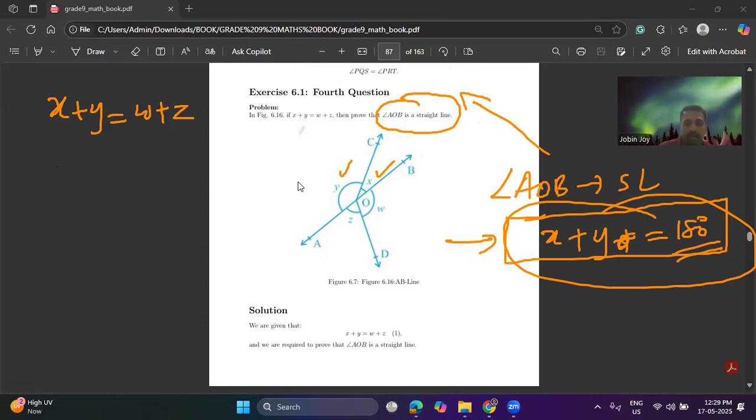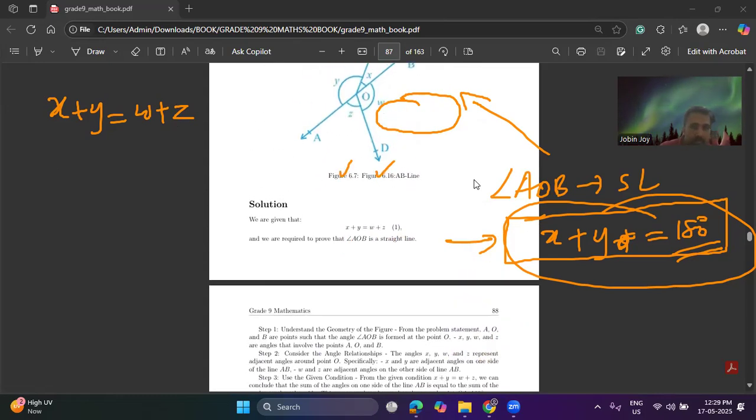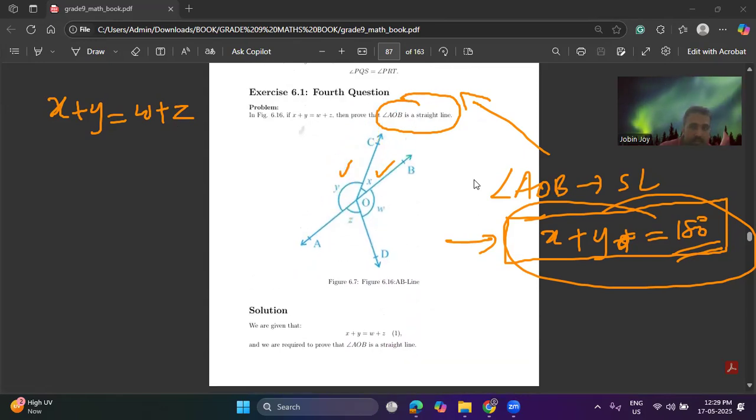Okay, next. This is like a circle, right? We know that this is like a circle. And we know that the total angle of a circle is 360 degrees.